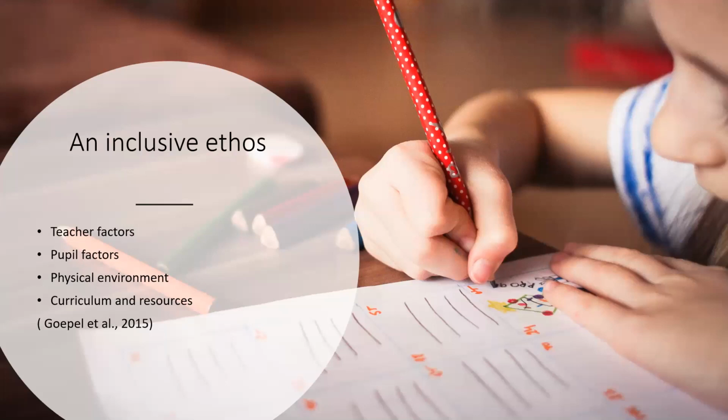It is the teacher themselves, individual pupils, but also pupils as a whole class and small groups within the class, the physical environment, that is the classroom and indeed the school, the curriculum and the resources. So what we're going to do is look at each one of those factors and consider them in more depth.